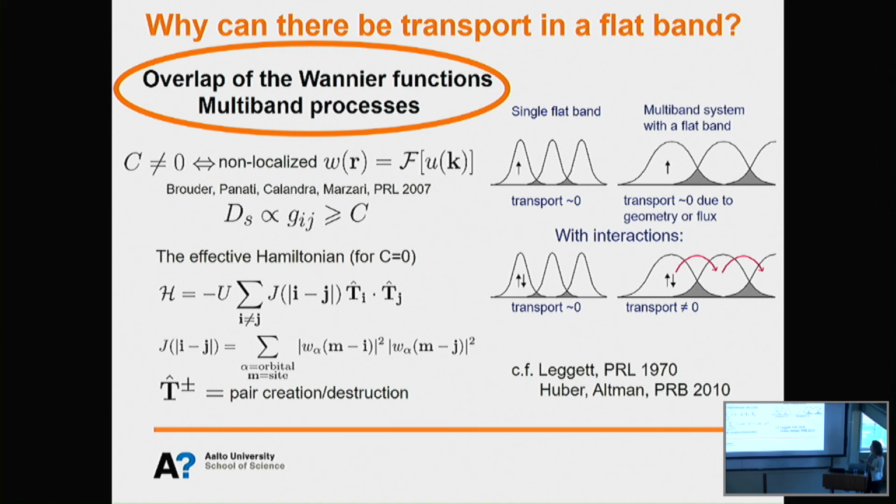And this interaction-induced pair hopping has been predicted for bosons by Ehud Altman and Sebastian Huber. And then I would also like to remind of a paper by Leggett, where he looked at supersolids, and he also showed that somehow for this solid to also be super, you always have to have a density, so you cannot put the density to zero. Otherwise, you cannot establish a phase. So it's a bit similar to this.